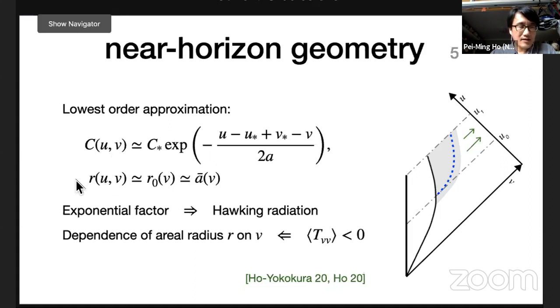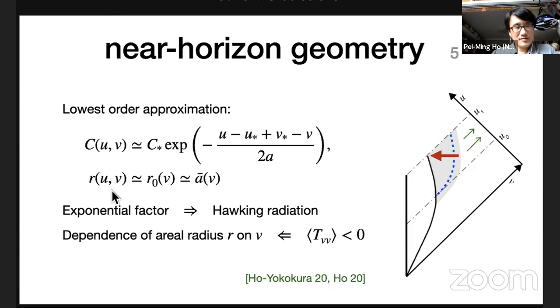On the other hand, for the areal radius you have to keep its V dependence, because that is the effect of the back reaction of the vacuum energy momentum tensor. Remember that in the conventional model, you have negative energy flux flowing into the horizon. That results in a time dependence of this value, A bar, which is the lowest order approximation of the areal radius in the near horizon region.